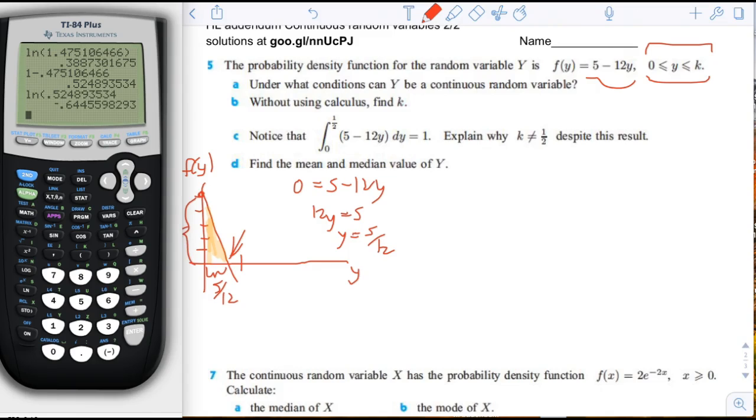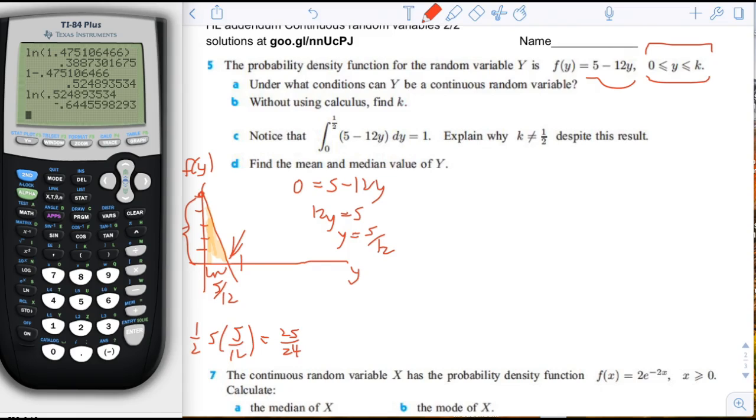So if I wanted to find the area, the orange area, it would be 5 times 5 twelfths times 1/2 because it's the area of a triangle. So that would be 1/2 times 25 divided by 12, which is 25 divided by 24. So the area of the triangle is 25 divided by 24.